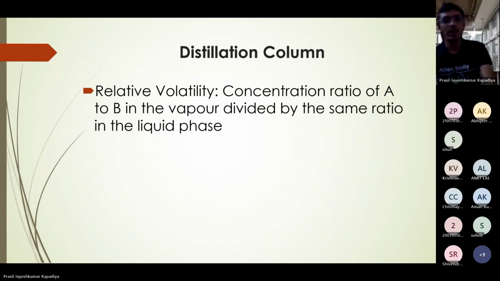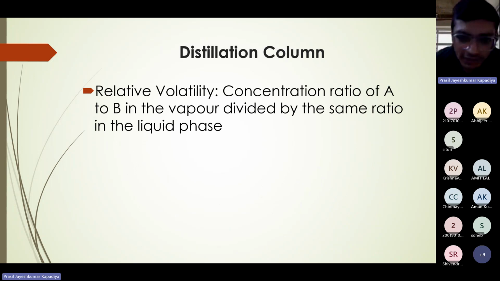So relative volatility. What is relative volatility? It is the concentration ratio of A to B in vapor phase divided by the same ratio in liquid phase.